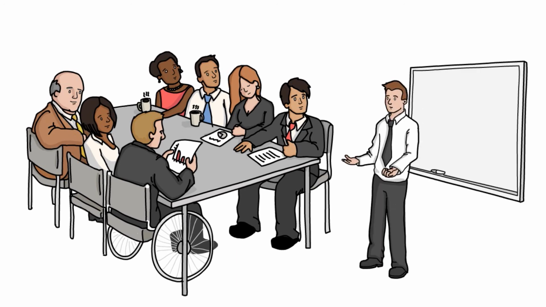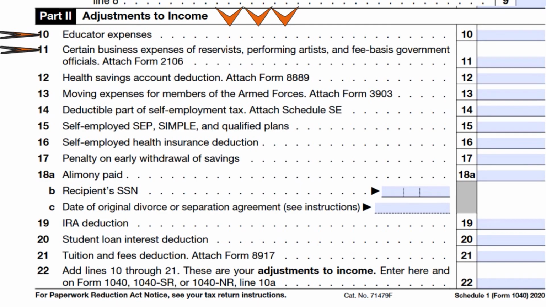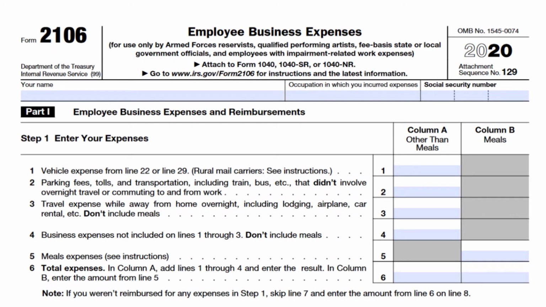Line 11, you put business expenses you had if you are a government official, a performing artist, or a reservist who traveled more than 100 miles from your home to perform reserve services. And also you may need to attach Form 2106 if you have expenses to report on this line.